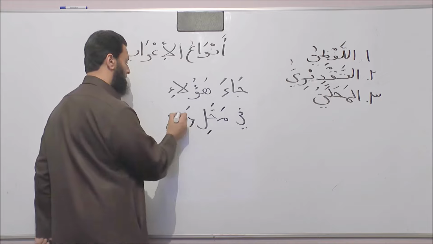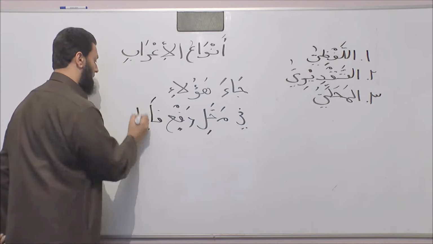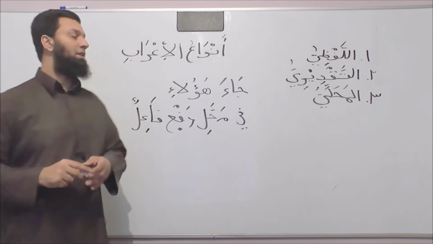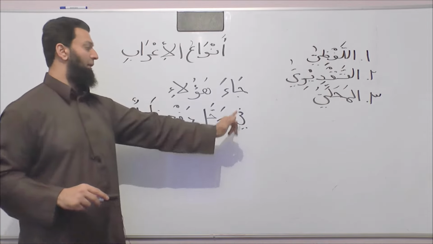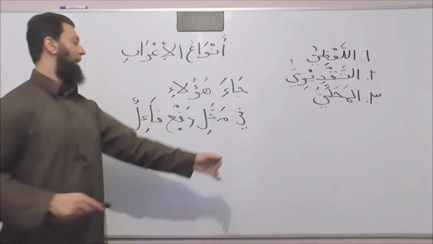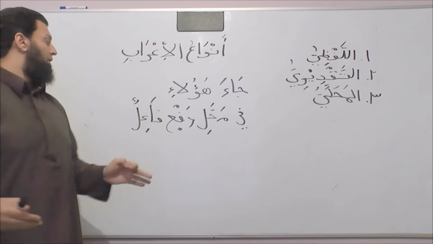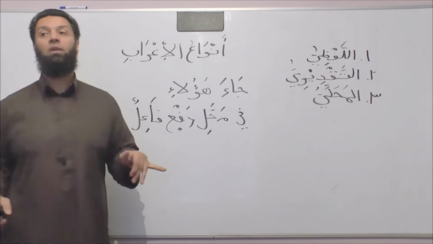This is how we now describe ha'ula'i. We say it is fi mahalli raf'in, in a position of raf'in, being marfu'un as the fa'ilun, as the doer.